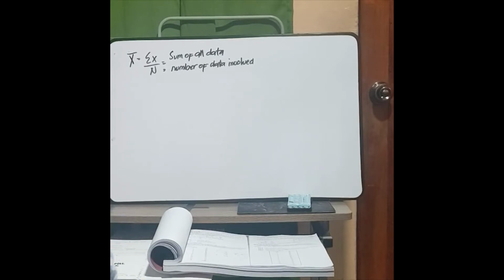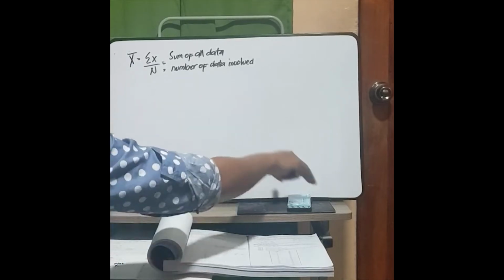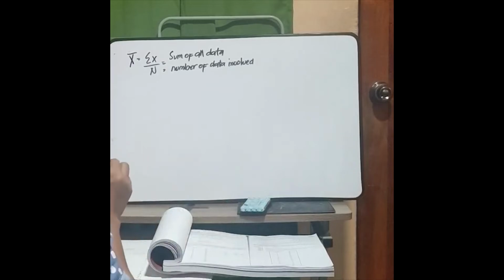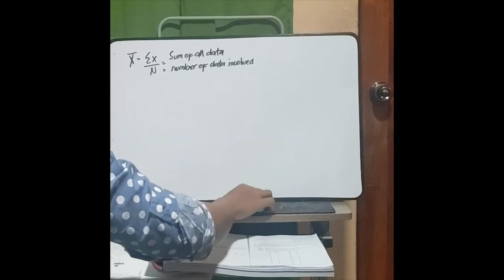For you to understand more about how to get the mean of an ungrouped data, let's have an example. If you have a pen and a piece of paper, you can try while watching this video so that you can follow. Let's start.